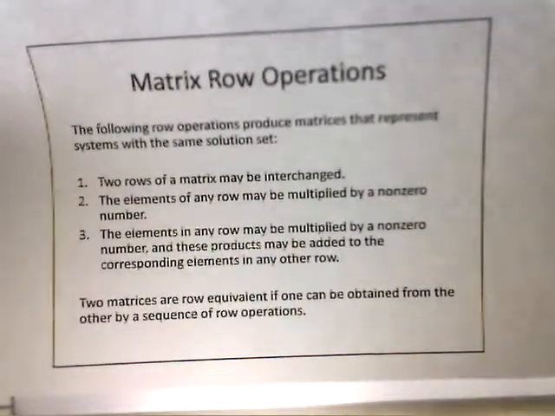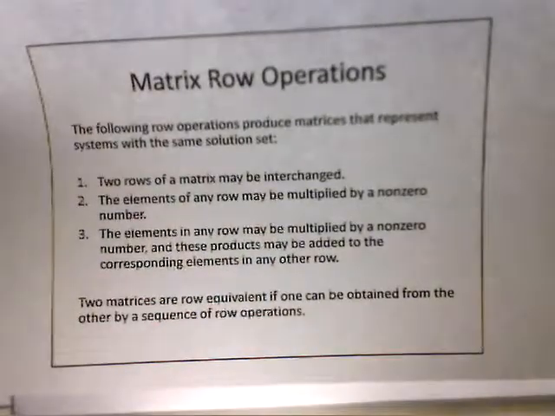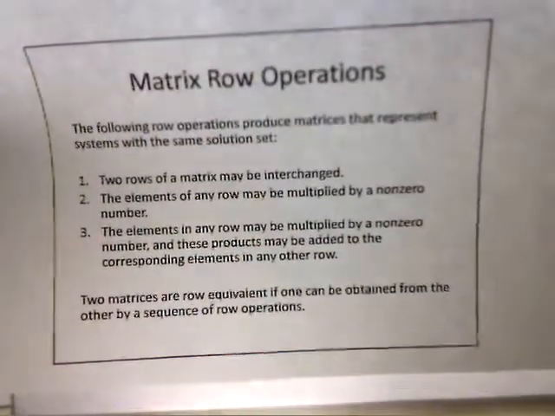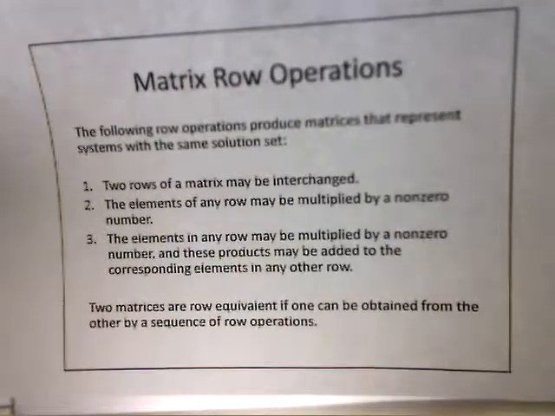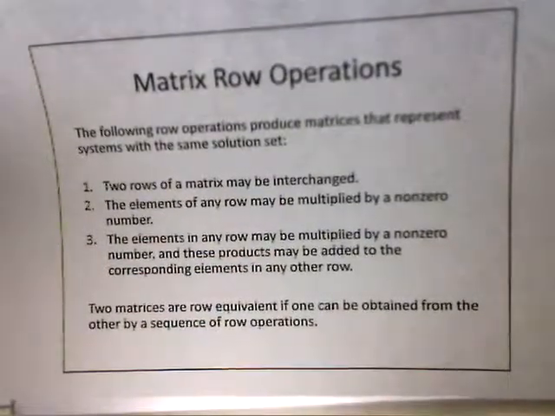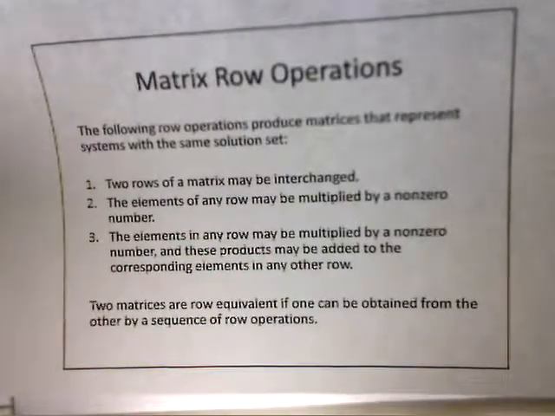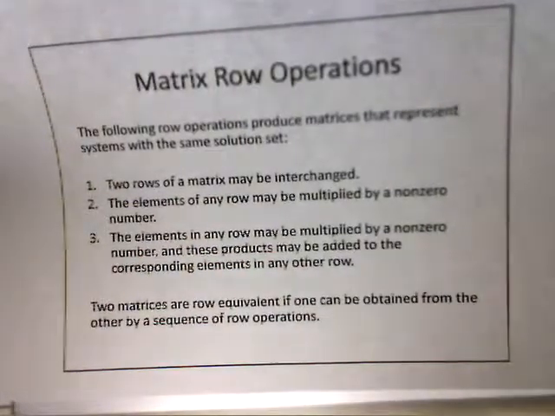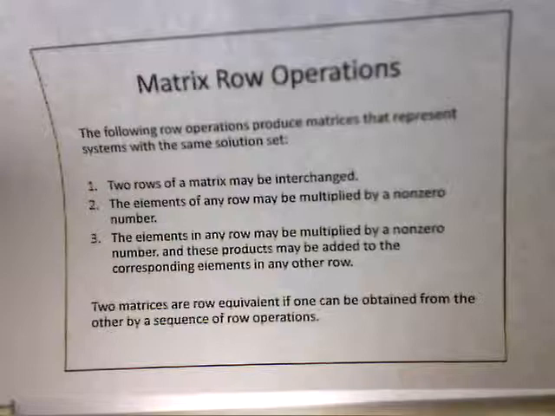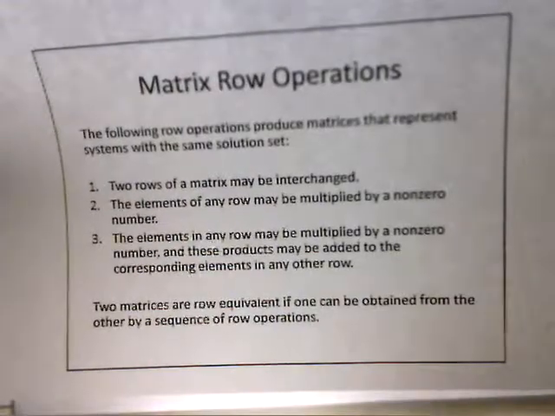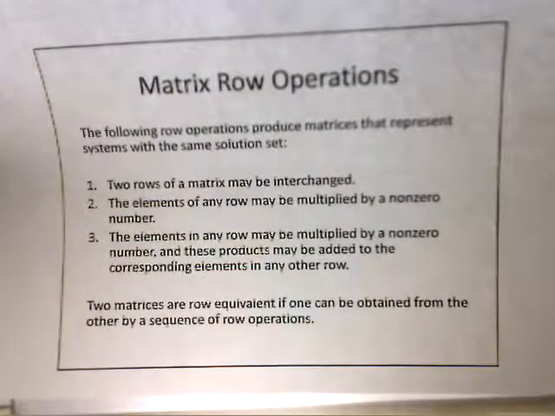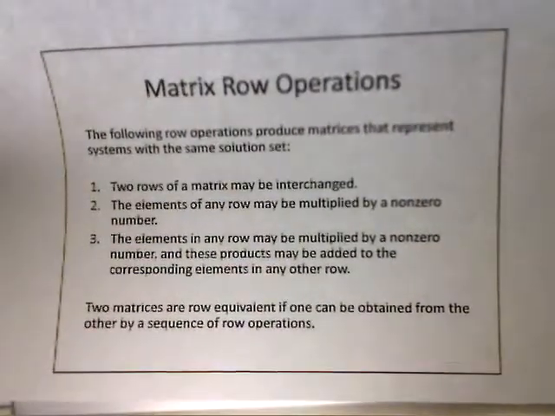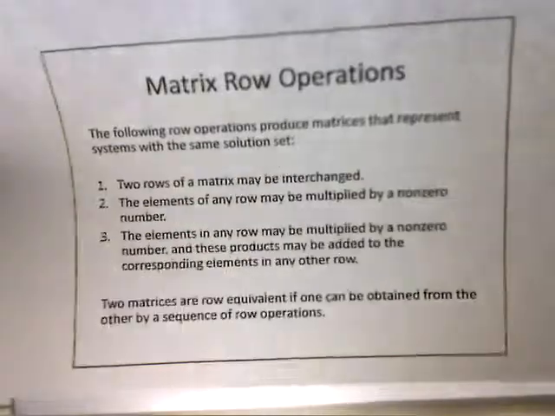And then second, the elements of any row may be multiplied by a non-zero number. And then number three, the elements in any row may be multiplied by a non-zero number, and these products may be added to the corresponding elements in any other row. Okay? And then you have two matrices which are row equivalent if one can be obtained from the other by a sequence of row operations.